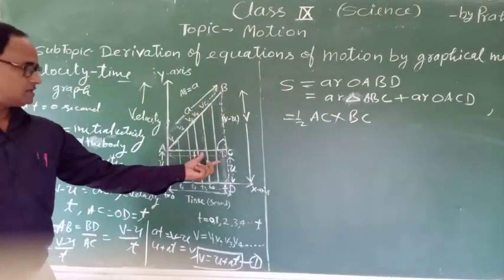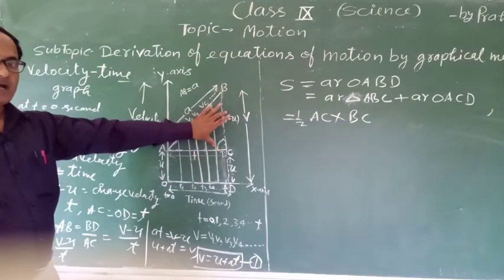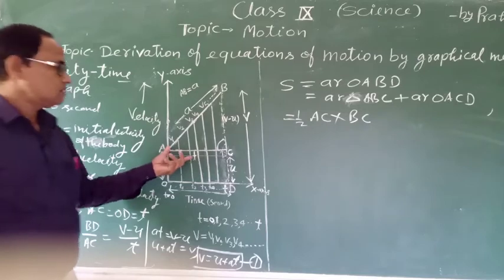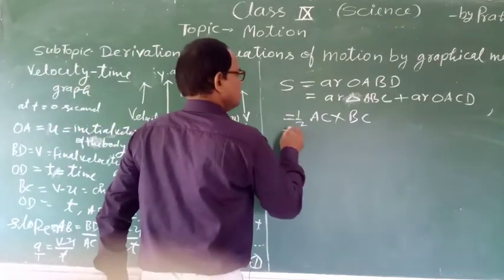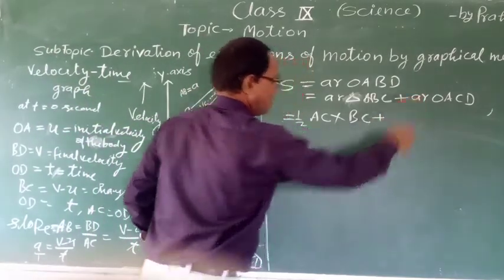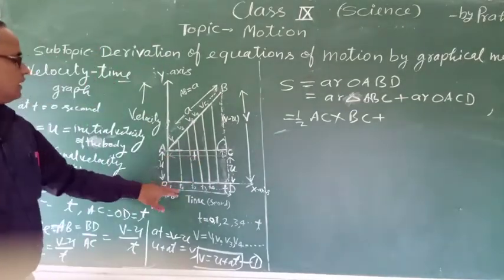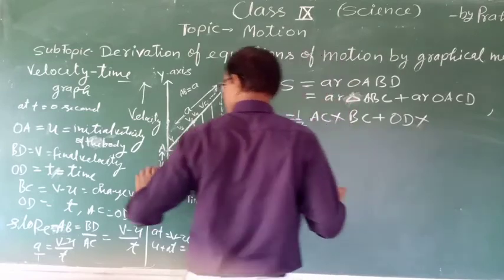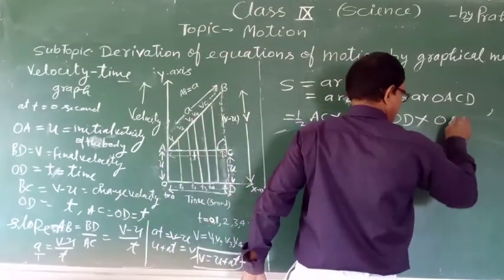AC is the base and BC is the perpendicular line or height of the triangle. Here plus the area of OACD, length into breadth, or OD into OA.